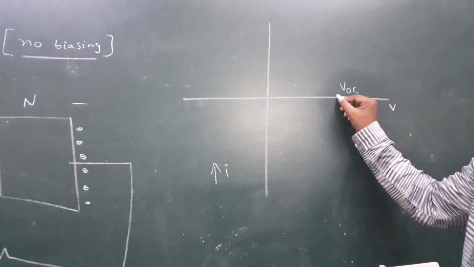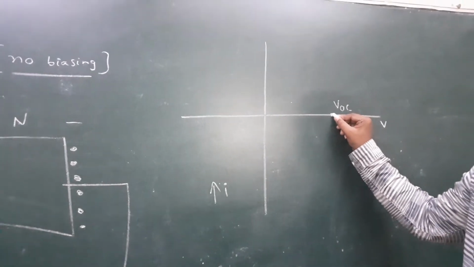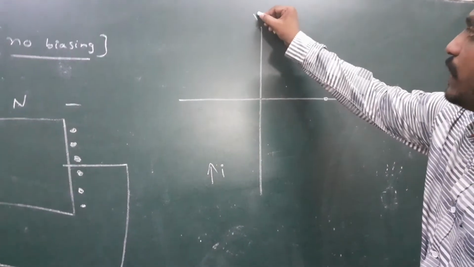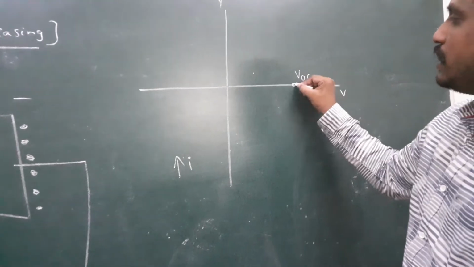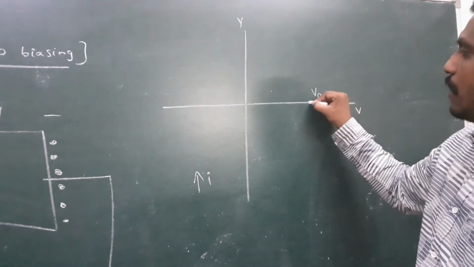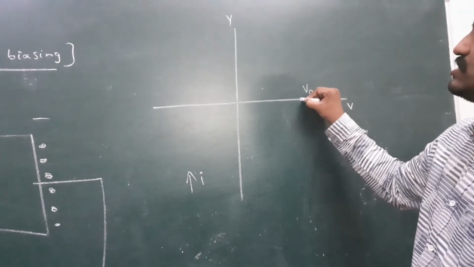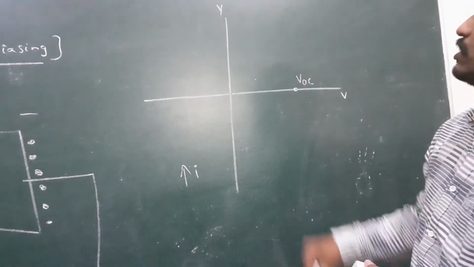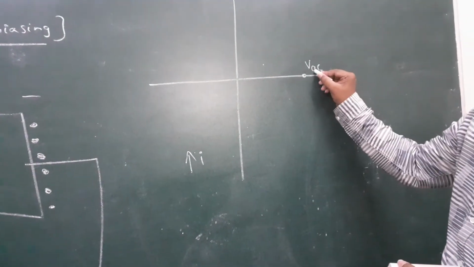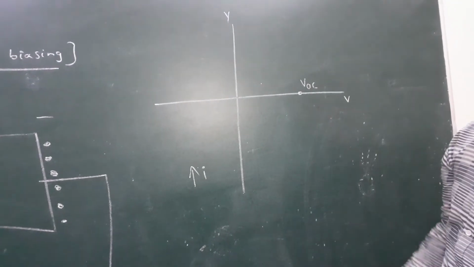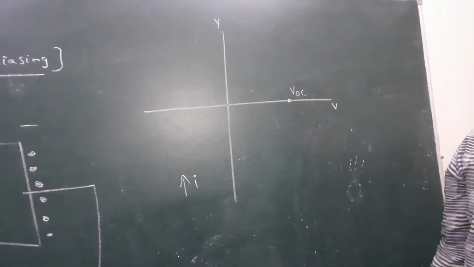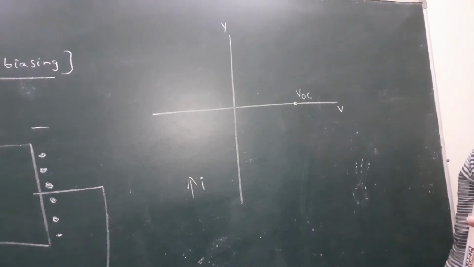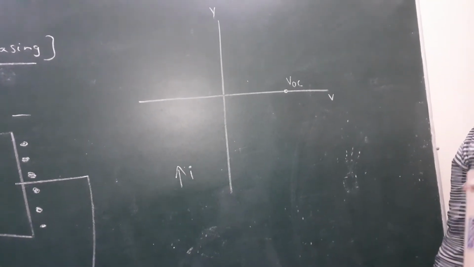That means on the x-axis, y becomes what? 0, according to mathematics. This point is on the x-axis, so y becomes 0. That means current becomes 0. That is open circuit voltage, VOC. Open circuit voltage means voltage difference is there, but current flow becomes 0.